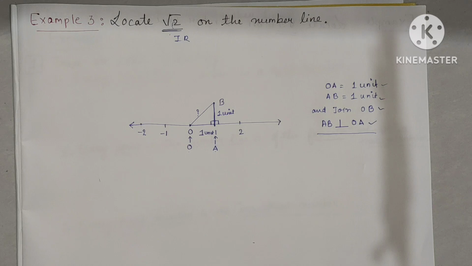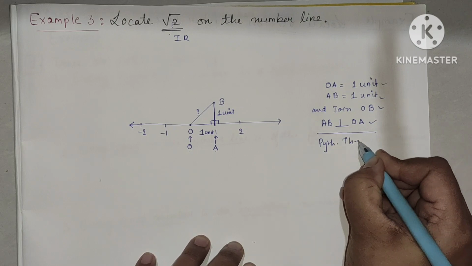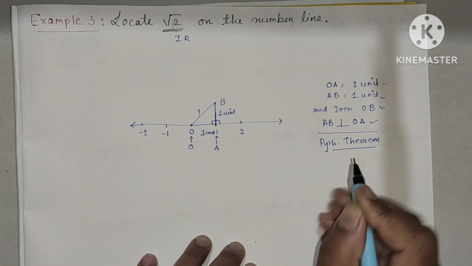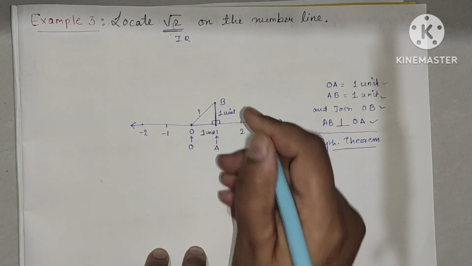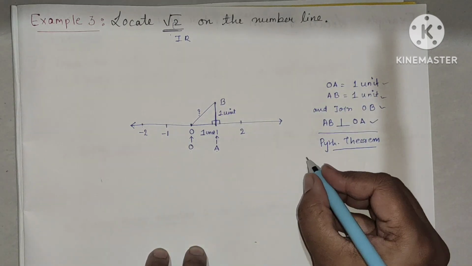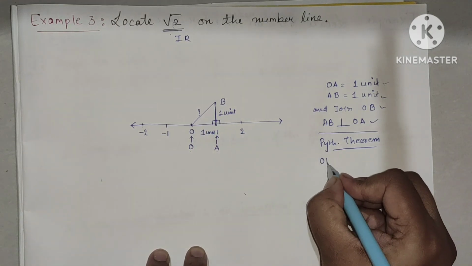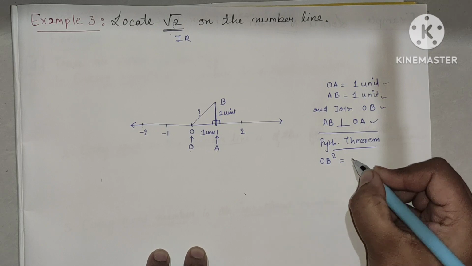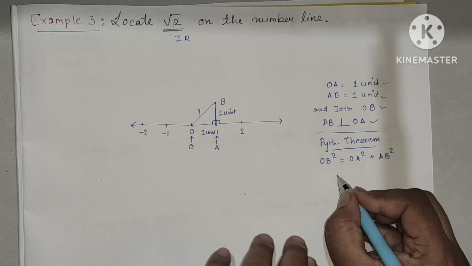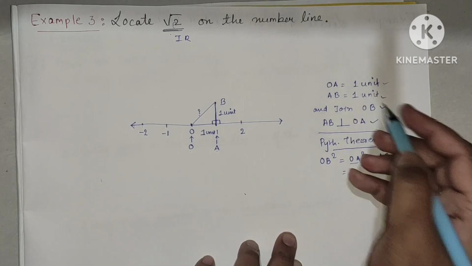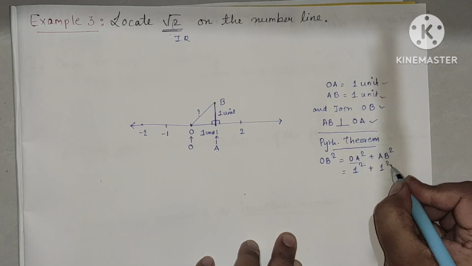Which theorem are we going to apply? We are going to apply the Pythagoras Theorem. First we will find out this distance. What will be the equation for the Pythagoras Theorem over here? Here the hypotenuse is OB, so OB square is equal to OA square plus AB square. Here OA is 1 unit and AB is 1 unit.